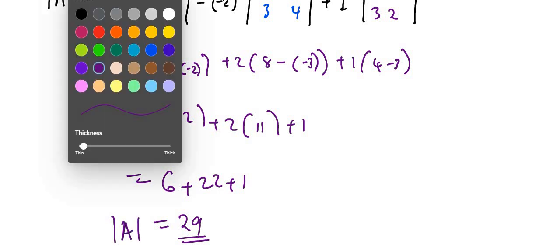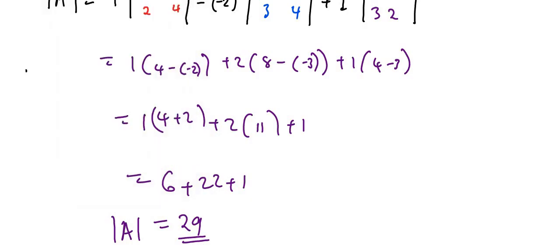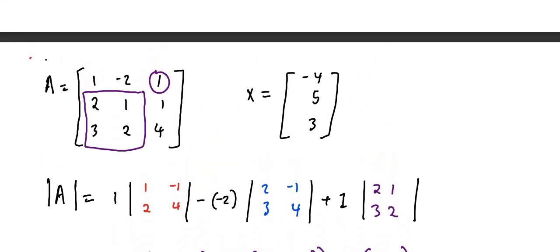We keep it there. Once you get the determinant of A, which is 29, we have to start replacing each column. So we've gotten the determinant of A. Now we have to create 3 more matrices. The determinant of A is equal to 29.